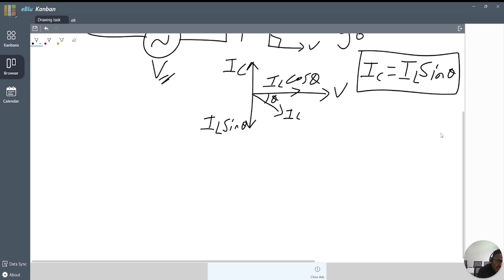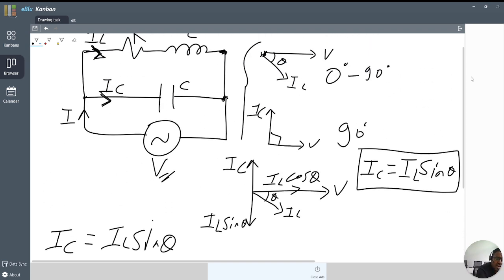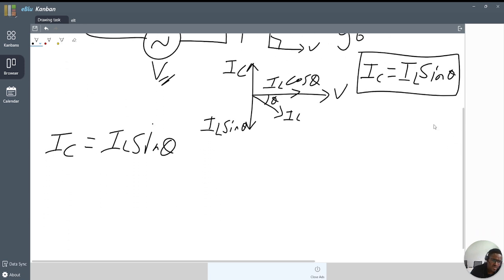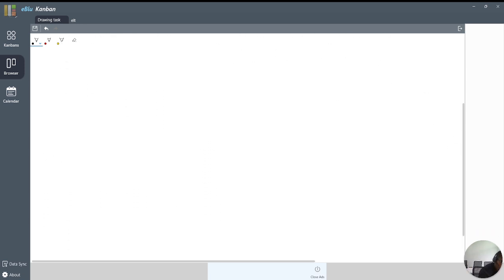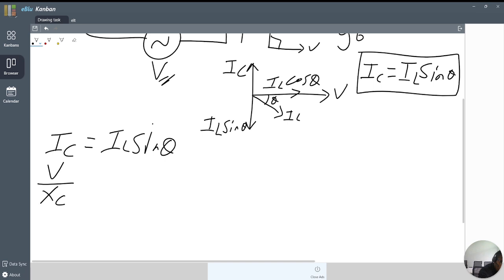From this equation we can get the resonant frequency. So let's simplify this equation: IC equals IL sine of theta. IC, simply by Ohm's law, is the voltage applied over the reactance of the capacitor, so V over XC.